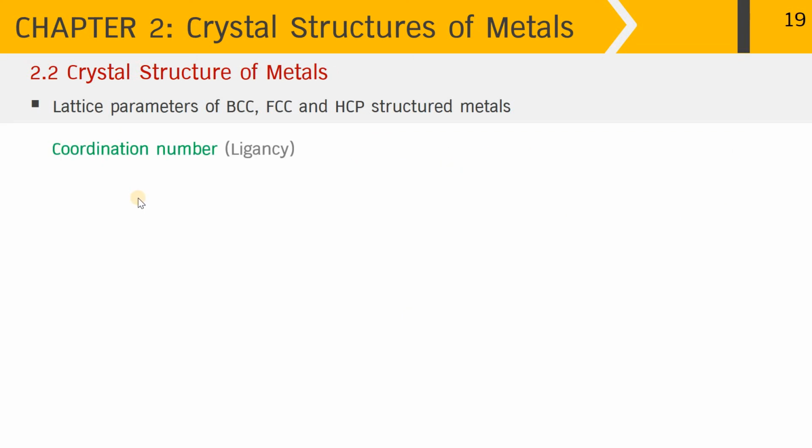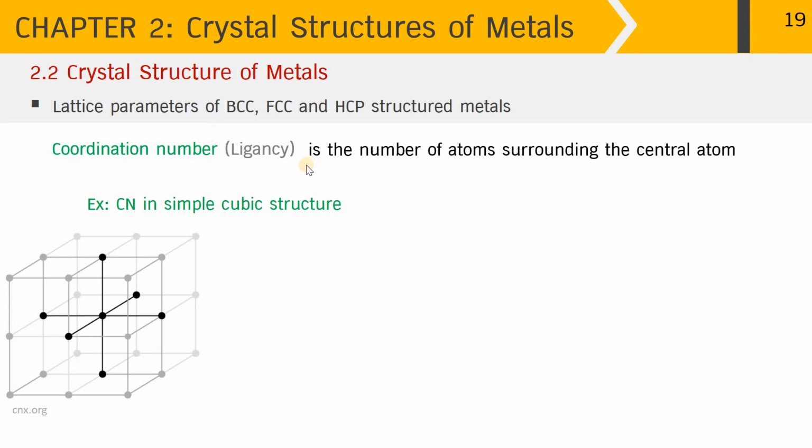Now let's move on to another lattice parameter, which is coordination number or ligancy. The definition of coordination number is the number of atoms surrounding the central atom. I'll give you the example of the coordination number in simple cubic structure. As you can see from this picture, we have the cubes in 3D structure and the atoms lying on each corner.